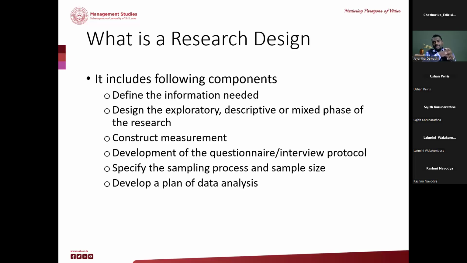And also the sample size justification. Why did you take that kind of a sample size and so on? So the research design should explain the sampling design as well.